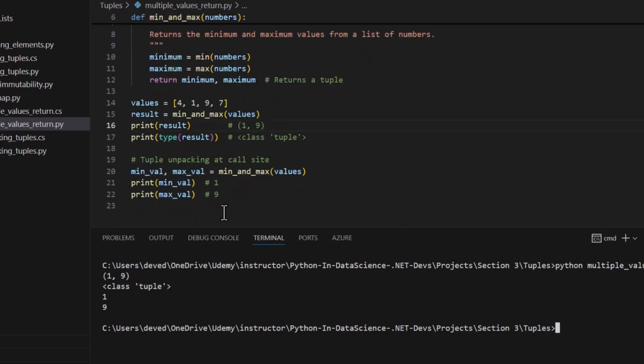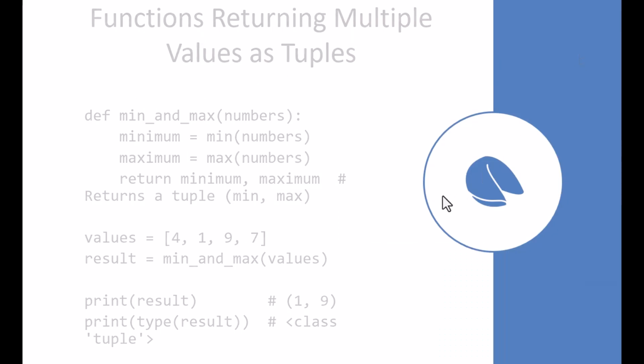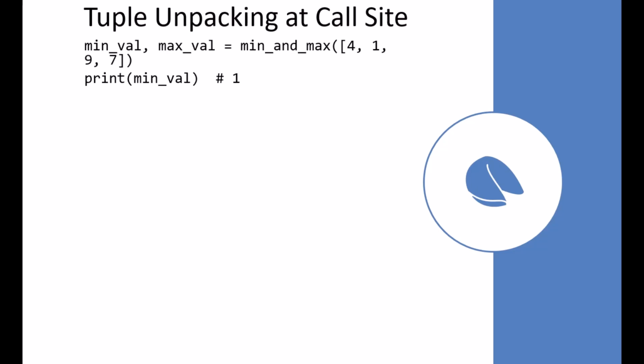And then this is the next example, which I have run in advance: tuple unpacking at call site. So what is that? Even though we return minimum, maximum, Python implicitly creates a tuple. When we call minimum value, maximum value equals min max of the list, the minimum value gets 1, the minimum element of this list, and the maximum value gets the maximum element.